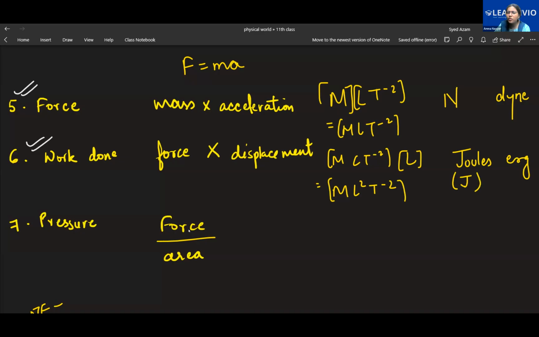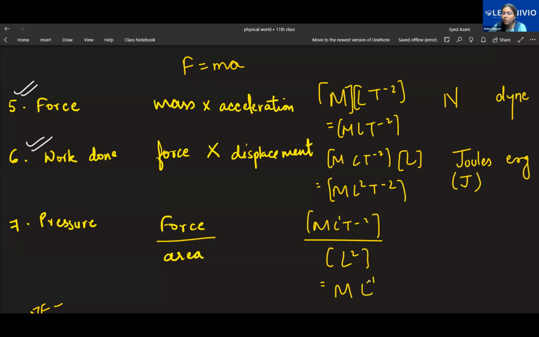Pressure is also important, but whichever ones I have marked, try to remember those. Pressure is force by area. Force is MLT to the power minus 2 divided by area, which is L square. M is there. Now look at L: when this L goes down, the power is minus 2. This is 1 right now, so 1 minus 2 is minus 1.